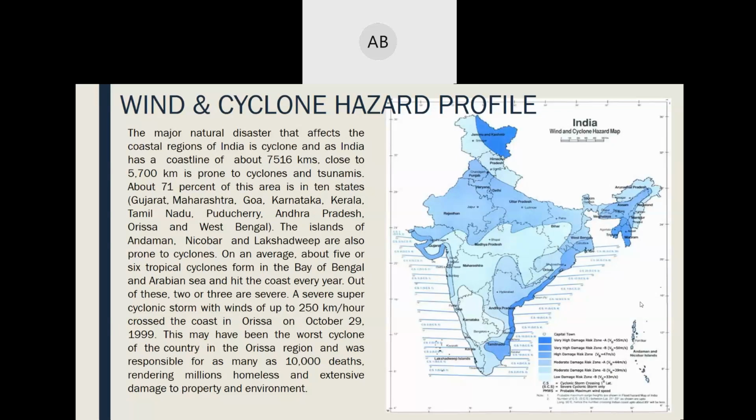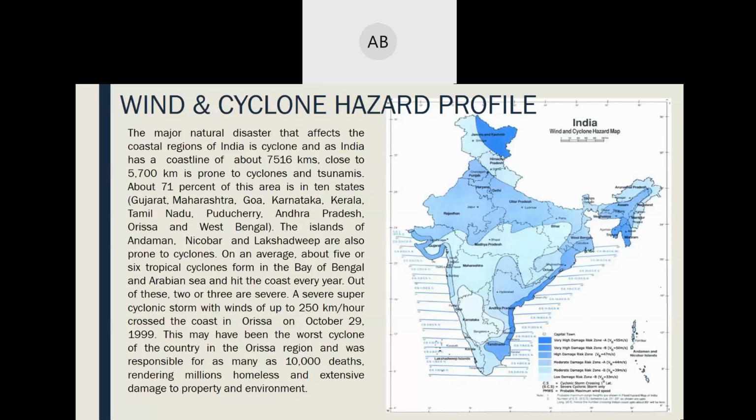Normally when we call it a cyclone, it should be originating somewhere here in the Bay of Bengal. If it is not originating in the Bay of Bengal, normally it is not called a cyclone, but this term is used in general here for any storm that may be occurring in the western part or some other part, and then again coming to the country.